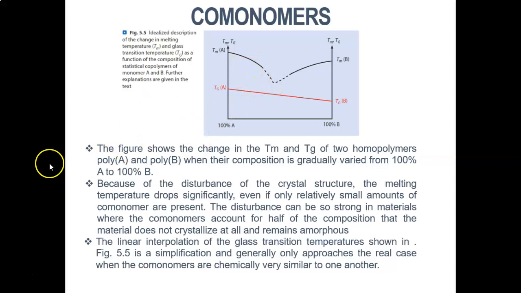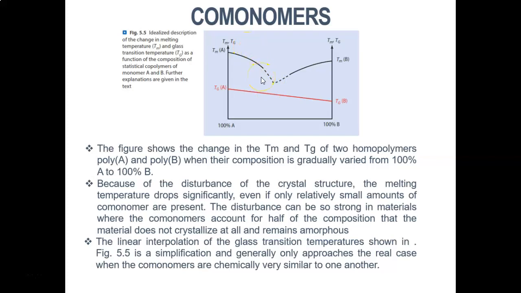So we look at the figure, which shows the change in the Tm and Tg of two homopolymers, poly A and poly B, when their composition is gradually varied from 100% A to 100% B. The melting temperature here drops significantly, even if only a relatively small amount of co-monomer is present.